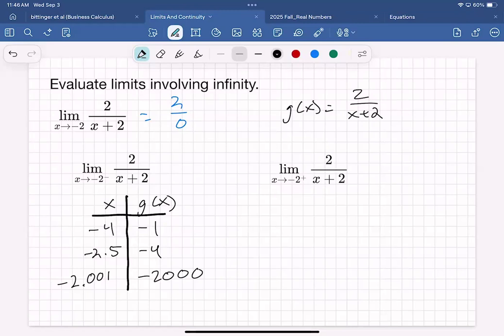The first two, from -4 to -2.5, it decreased, right? But not necessarily by a lot. It was just from -1 to -4. The second I went from -2.5 to -2.001, it jumped up a lot, right? Let's try looking at it with 4 zeros, just to get some perspective on what's going on, okay?